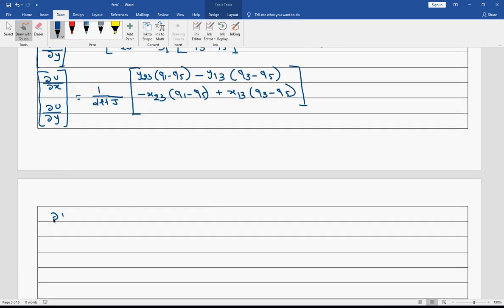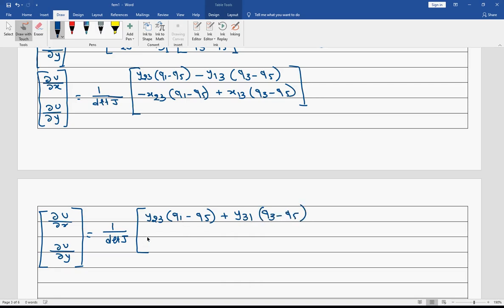So del u by del x, del u by del y equals 1 upon determinant of J, y23 q1 minus q5, plus y31 q3 minus q5.